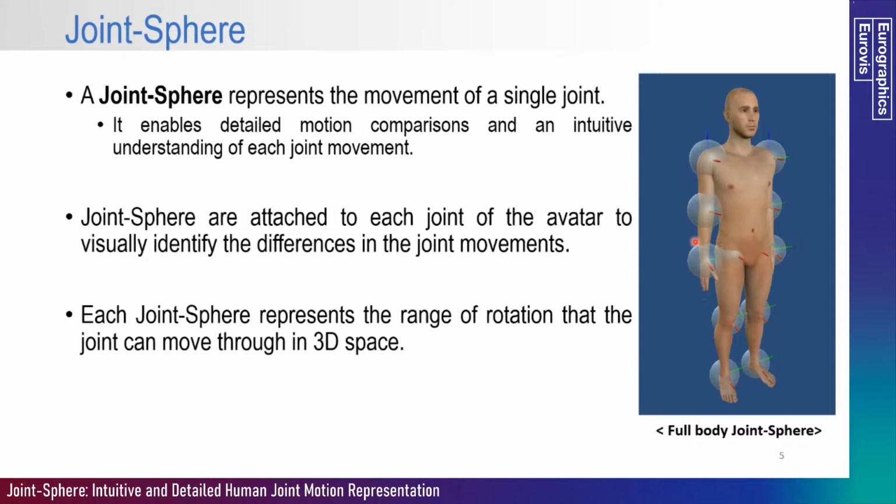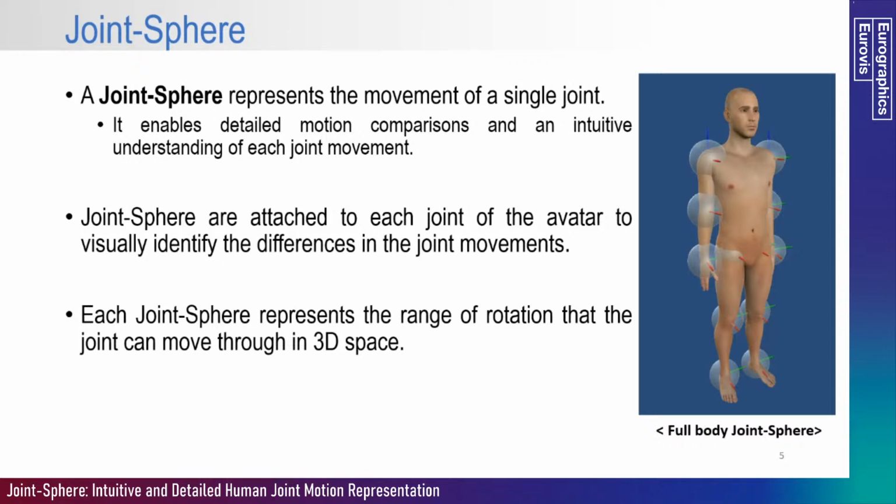We attached a joint sphere to each joint of the avatar to visually identify the difference in the joint movements. Each joint sphere represents the range of rotation that the joint can move through 3D space. The contact point will always occur between the surface of the joint sphere and the bones connecting each joint, and these points will change with the movement of the joint.